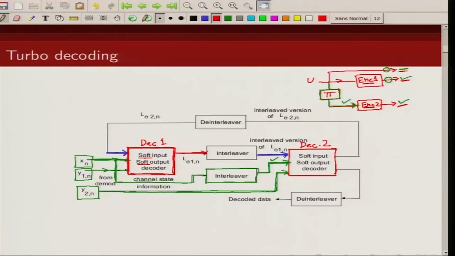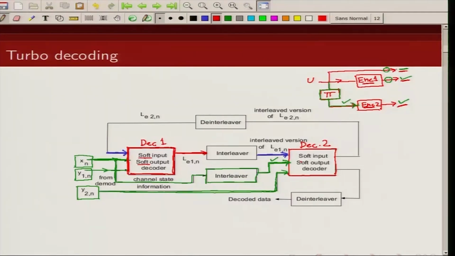This is information which this decoder computes based on the trellis structure of this convolutional code, and this extrinsic information is being passed on, and this input is fed as a priori knowledge to the second decoder. So you can think of it like this.